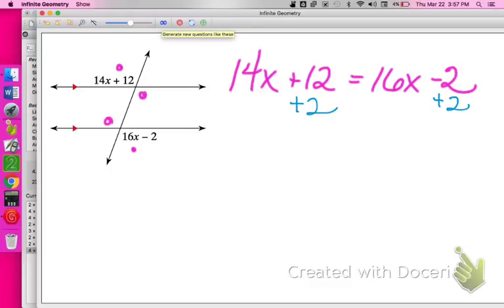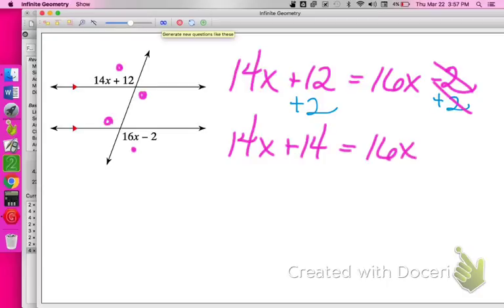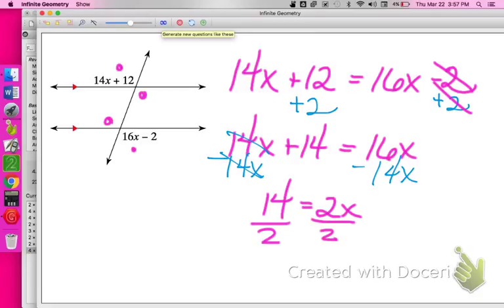And again, there's my only negative, and sometimes that's the best place to start. Remove it off the right. And now you've got to pull these x's to one side. So you're going to remove these off the left. And then you can divide by 2 and you'll have your answer.